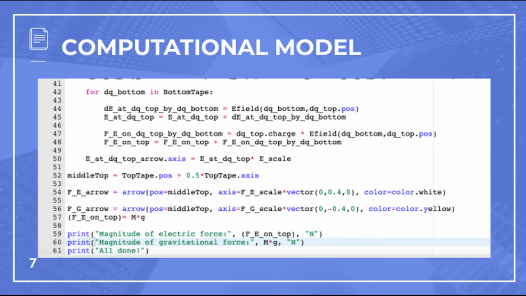Then the for loop that started in the last slide and continues here. This section of code iterates through every piece of charge, so 10 in this case, on the piece of tape. It calculates the electric force on the top tape due to the bottom tape and creates individual arrows based on the electric forces. Finally, we construct the net electric force and gravitational force arrows and print out the magnitude of each.